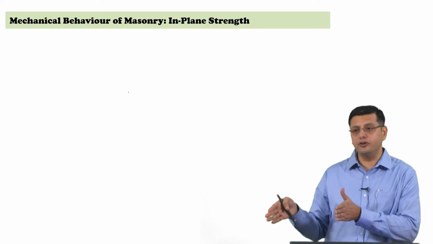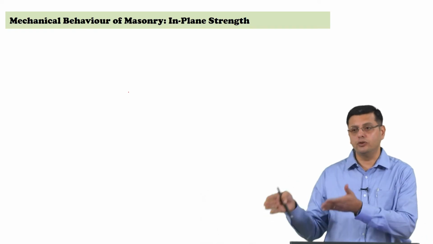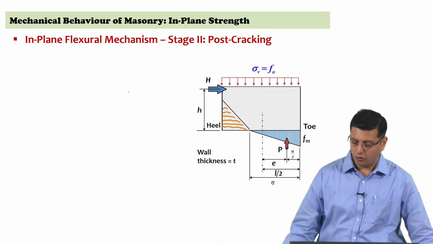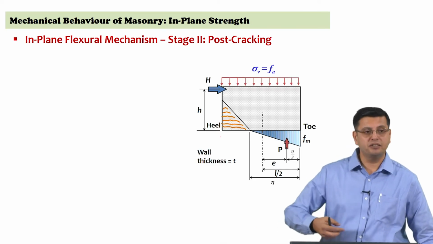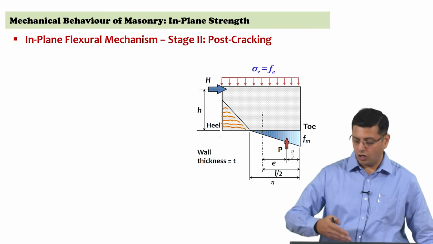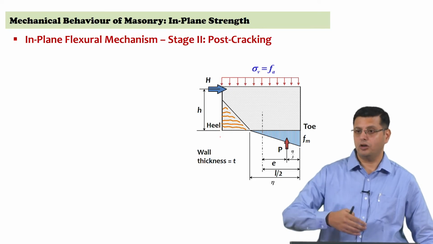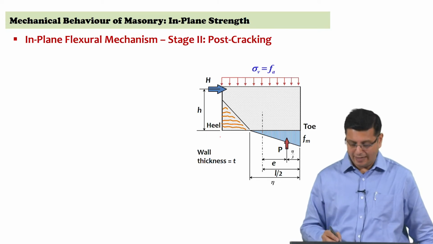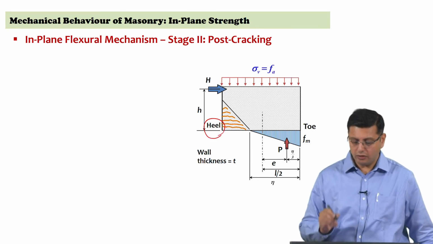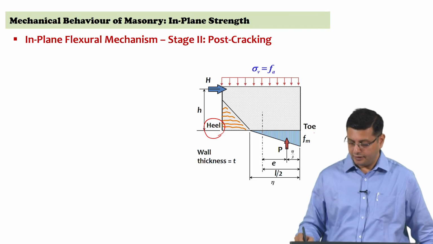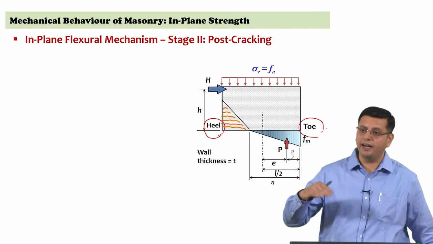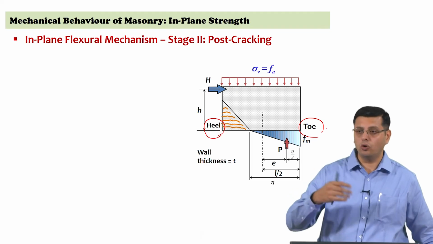Post cracking, you have a reduced cross section, and now equilibrium is on the partial section of the cross section. The portion that has undergone uplift because of the direction of the lateral force, we refer to as the heel of the wall, and the other end, which is now experiencing higher precompression, is the toe of the wall.